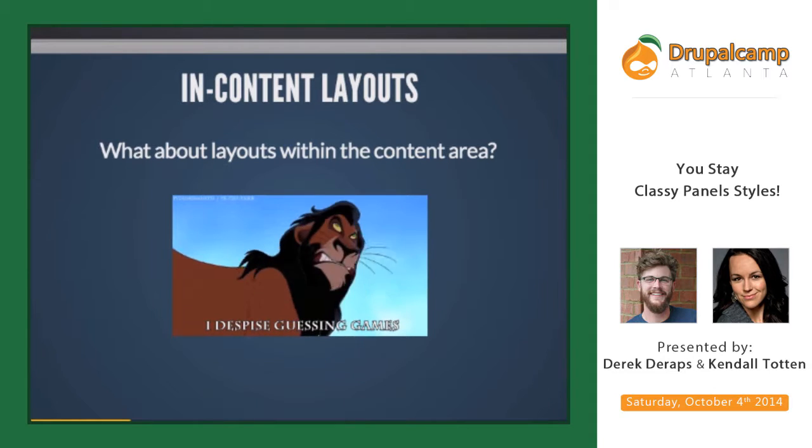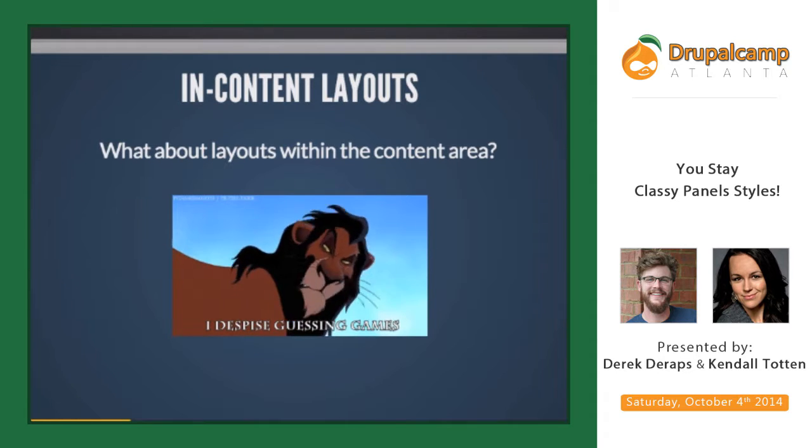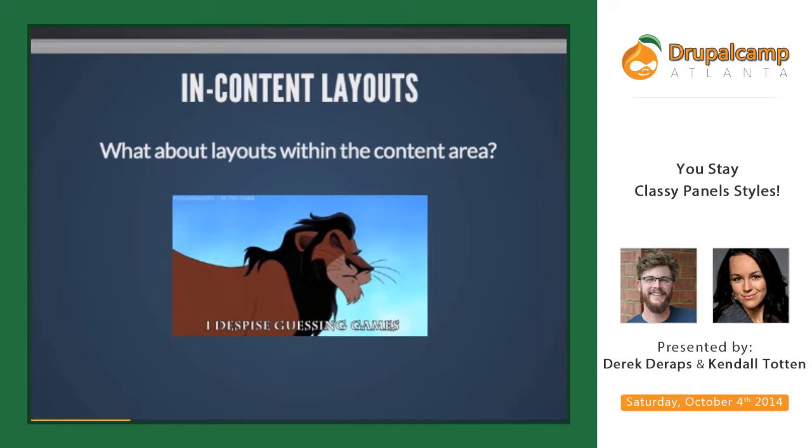It's not just one big WYSIWYG going down the page, but sections broken out into these layouts. And we want our editors to be able to do that. We don't want to have to bring in a themer or a developer to create a new panels page and to pull in the content and lay it out. We want to empower the editors to do this without using a WYSIWYG.